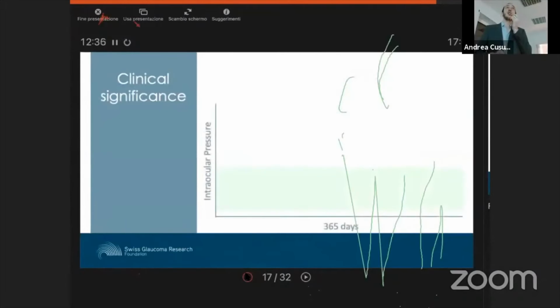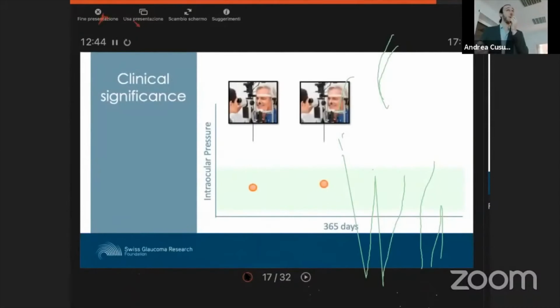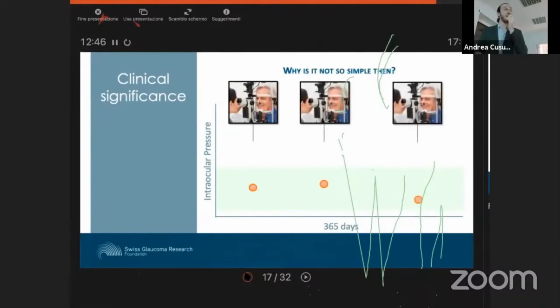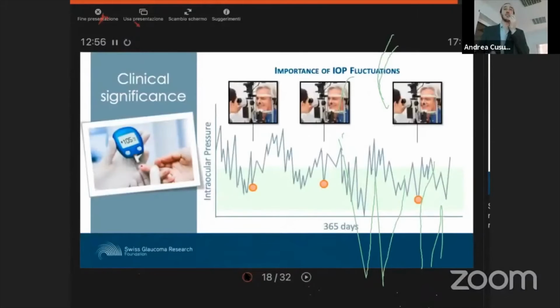So just looking at the significance of this all, that means that when a patient comes to our clinic and we check his intraocular pressure and we're happy with the pressure, and they come back again and again, and we are always happy with the pressure, we can be actually falsely reassured, because maybe when the patient is not with us, the intraocular pressure may actually be doing this.